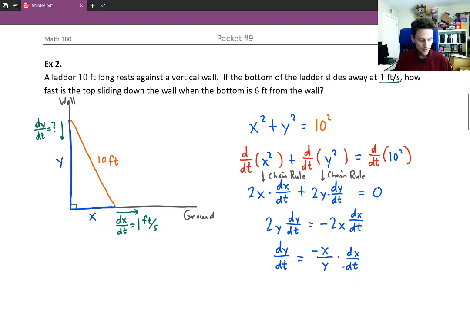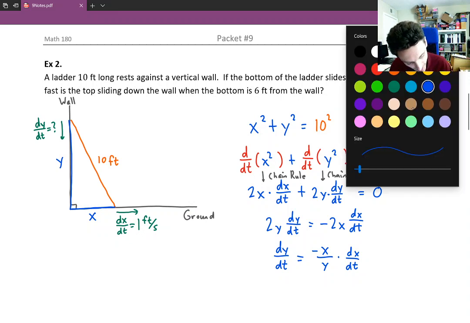We just need to input all these variables. We need to figure out what x is, what y is, and what dx dt is. Dx dt we already know is 1 foot per second. It says how fast is the top sliding down the wall when the bottom is 6 feet from the wall.